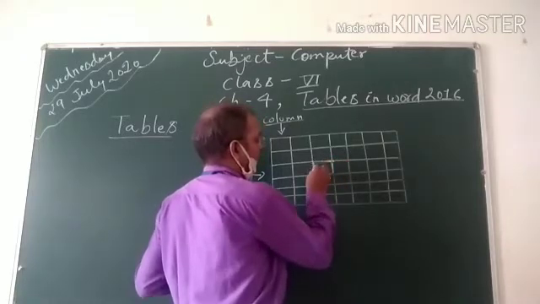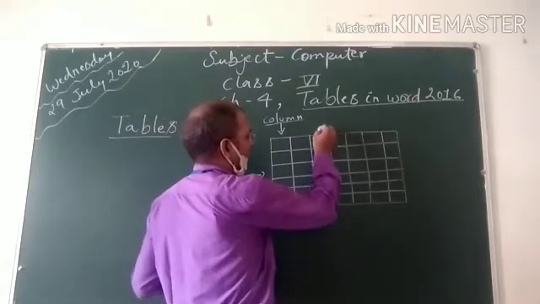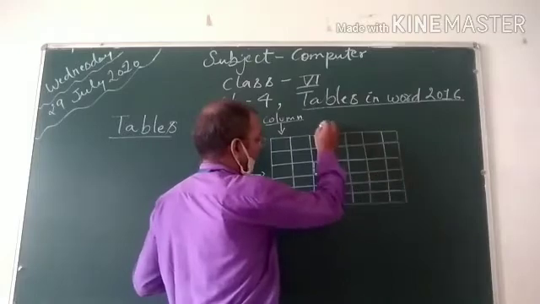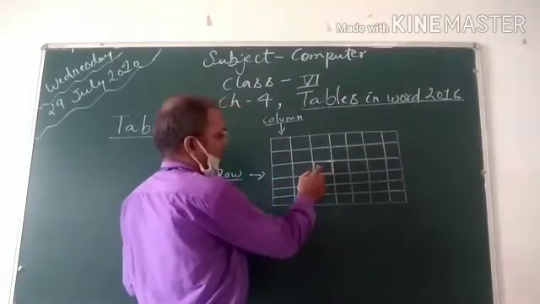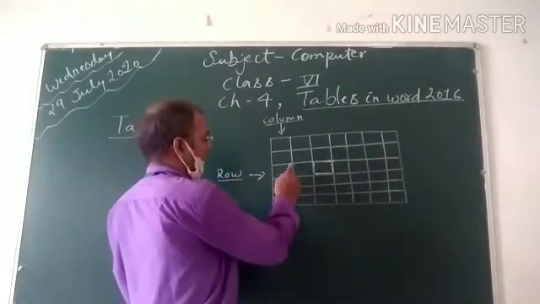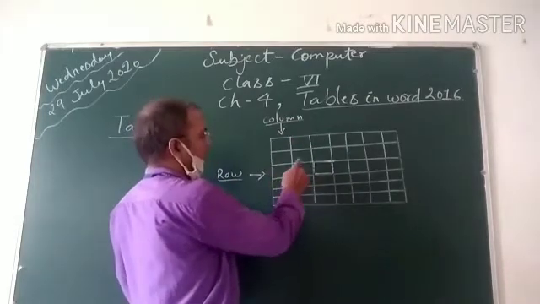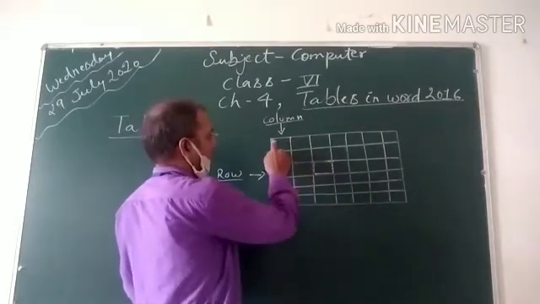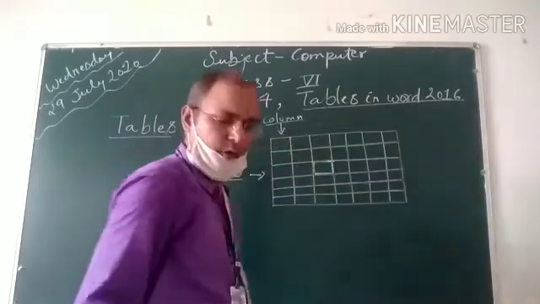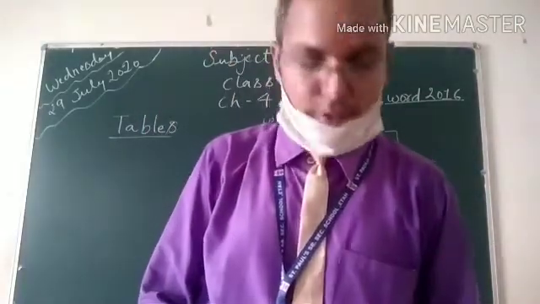Suppose that this is a cell. The same intersection of rows and columns makes a cell. Okay, a cell is made by the intersection of rows and columns.